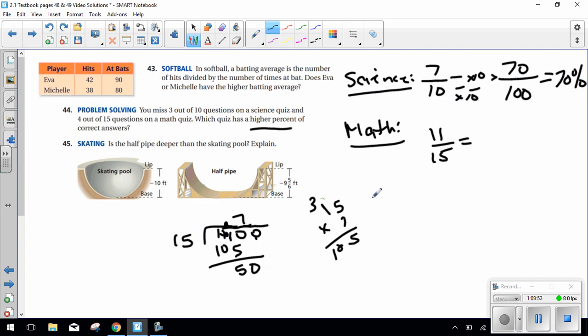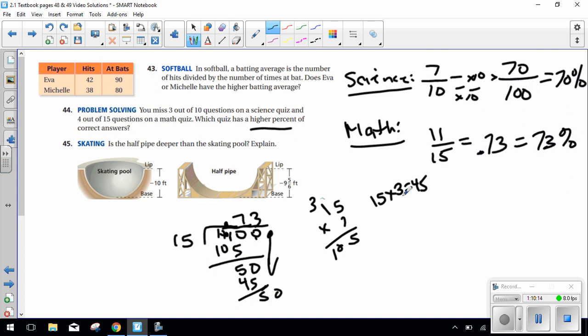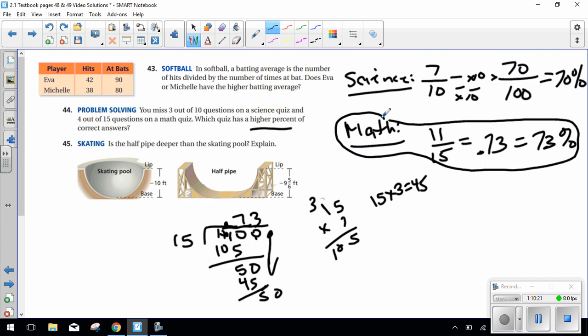So 15 times 2 is 30, so 3 is 45. So I get another 5. So it looks like the 3 is going to keep repeating. So I get 0.73. I'm just estimating that. So this is roughly 73%. So who scored higher? And your answer is math. Okay, 73 is higher than 70%.